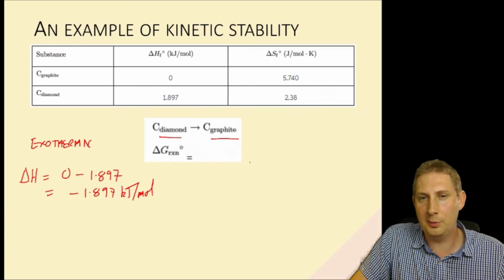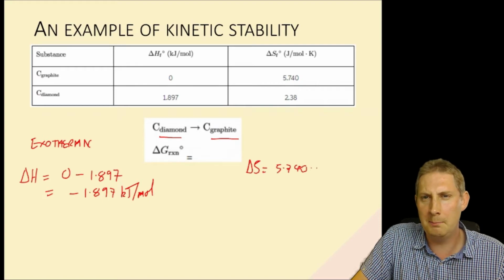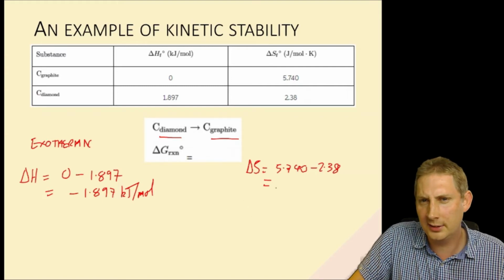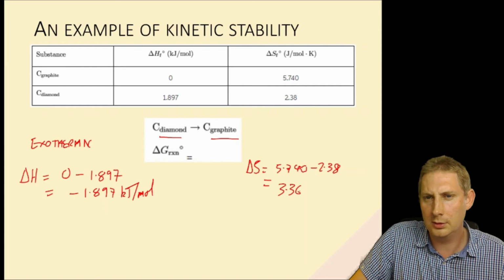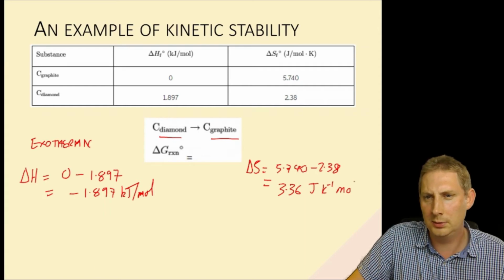In terms of entropy, delta S, products, graphite 5.740 minus 2.38, which equals 3.36 joules per Kelvin per mole.